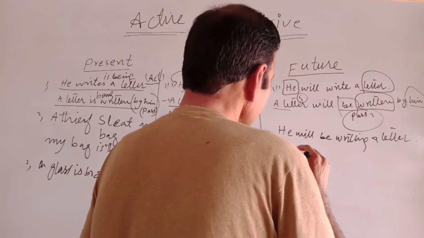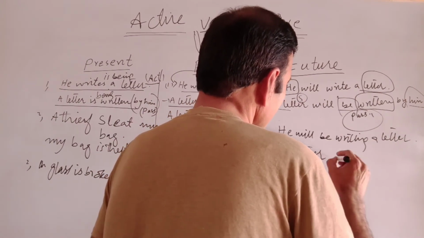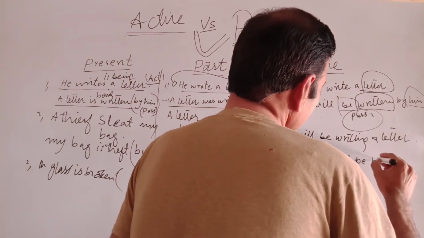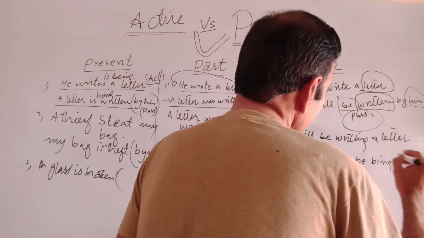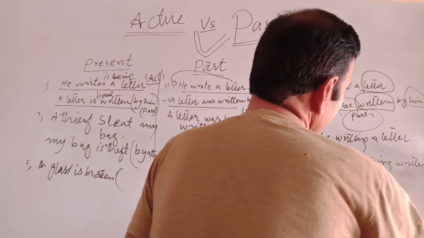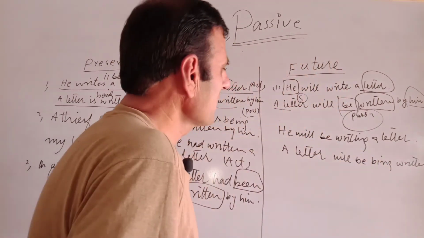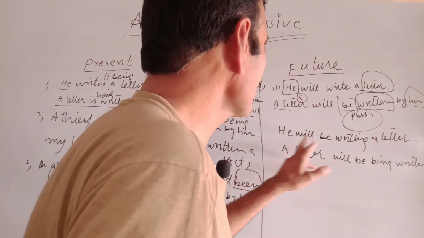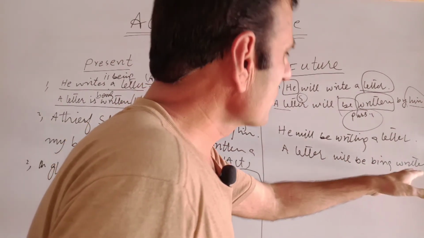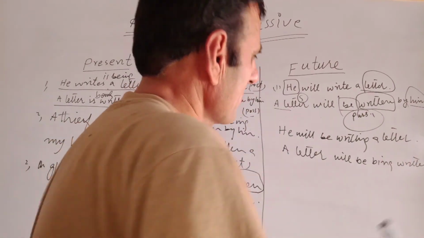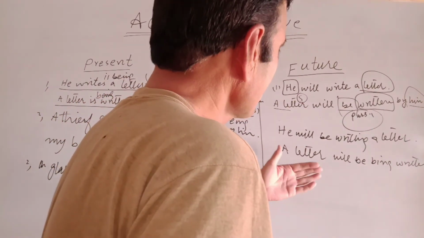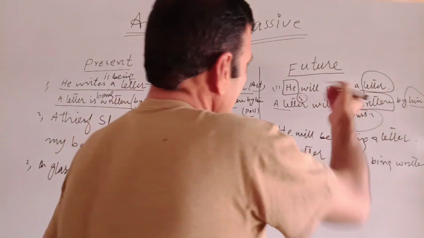A letter will be being written by him. He will be writing a letter. A letter will be written. Will be being written by him. This is the continuous shape.